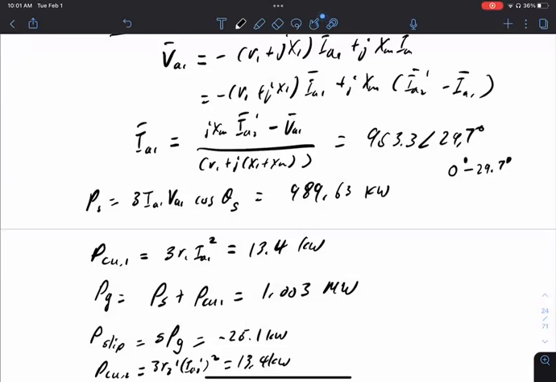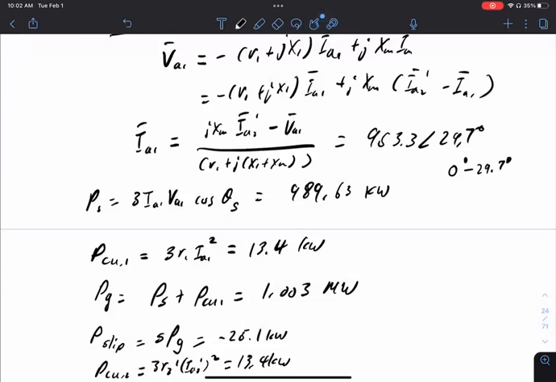So let's say this angle is positive. Am I consuming or generating reactive power? Which way does reactive power flow if the current is leading?